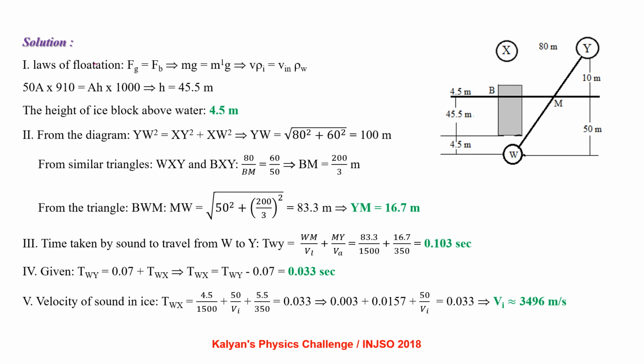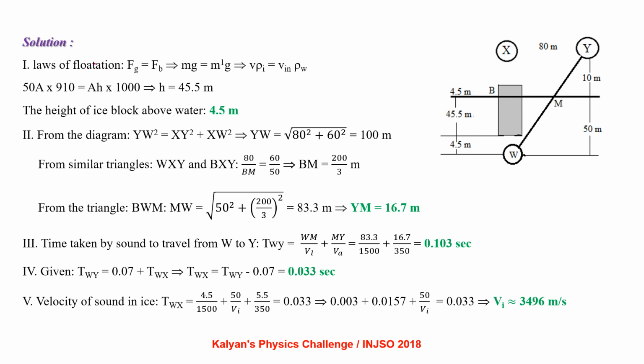Time taken by sound to travel from W to Y, TWY equal to WM by V liquid plus MY by V air, which is 83.3 by 1500 plus 16.7 by 350, which is 0.103 seconds. Given time WY equal to 0.07 plus time WX, from there time WX equal to time WY minus 0.07, that is 0.033 seconds.